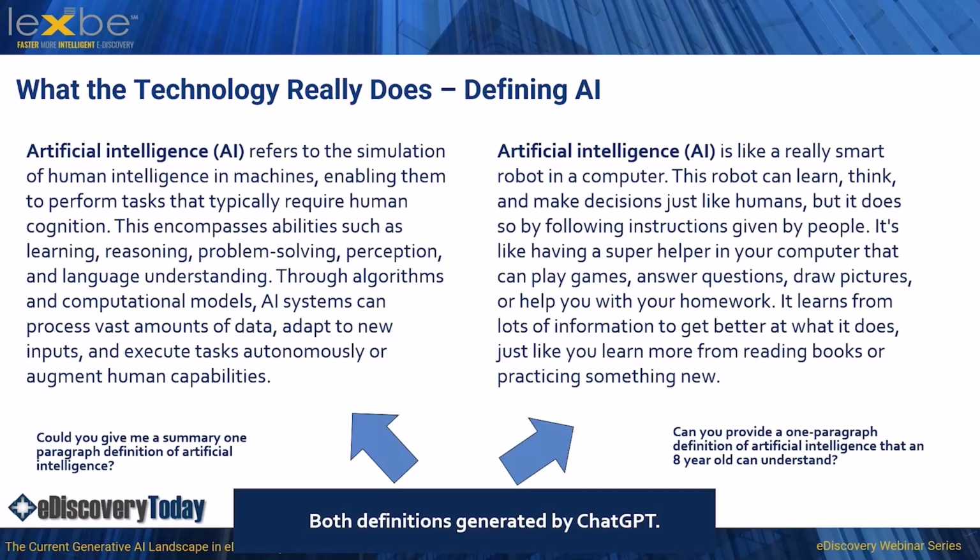When Gene mentioned precise prompt engineering in the previous slide, that's an example of just how a precise prompt can yield a specific response that may be more tailored to what you want. That's a key concept to keep in mind when it comes to getting the most out of generative AI models for eDiscovery. Prompt specificity is key to success.